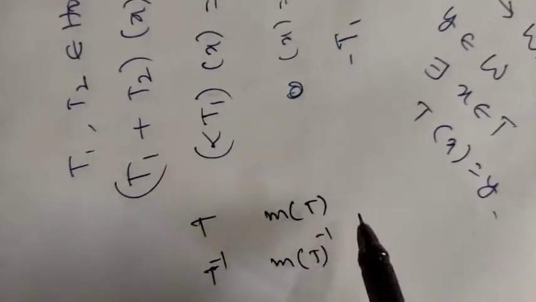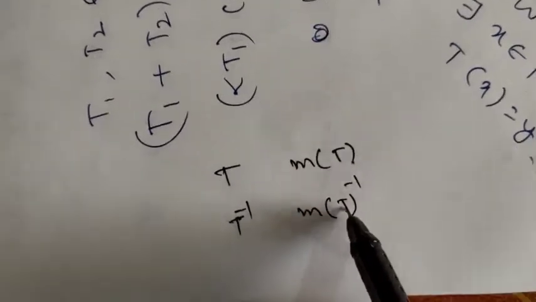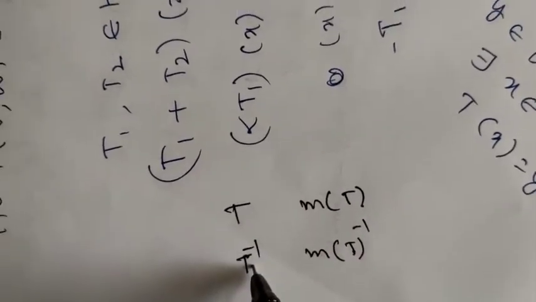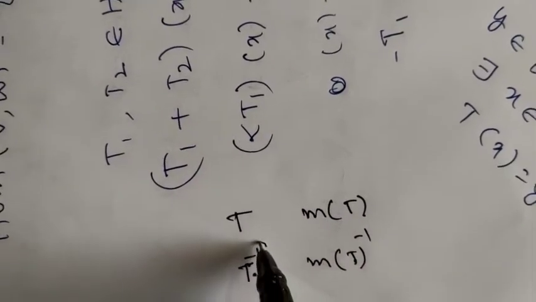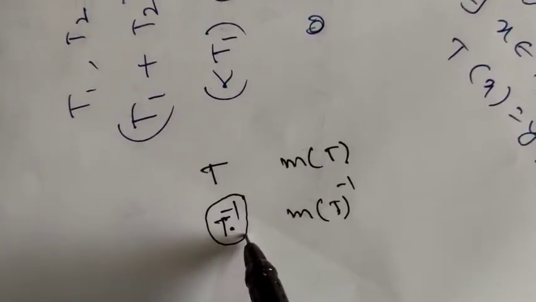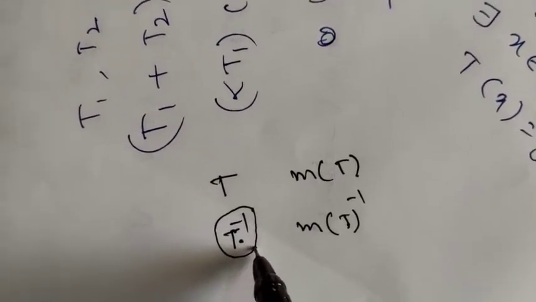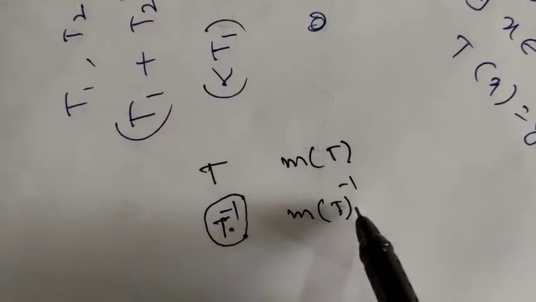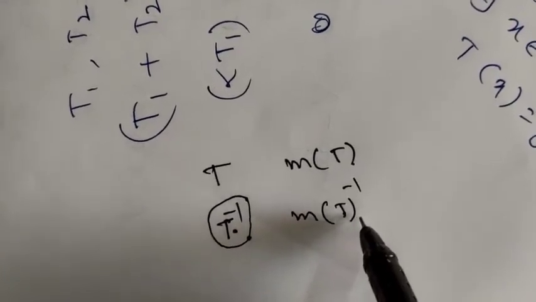If the matrix of T has an inverse, then we say T inverse exists. How do you obtain T inverse? We can easily obtain it through m(T inverse).